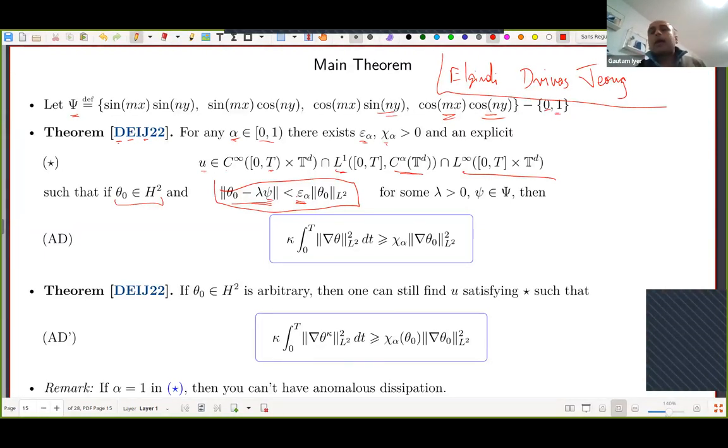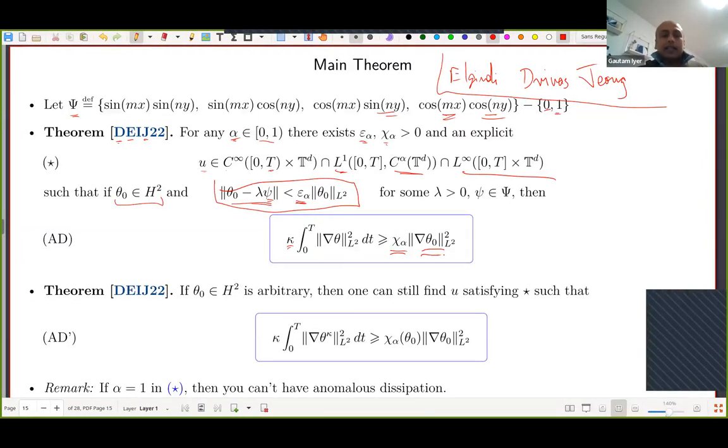In that case, I have anomalous dissipation in the following sense. I look at kappa times the integral from 0 to T of the norm of gradient theta squared. It's bounded below by chi alpha, that only depends on alpha, times the initial H1 norm.